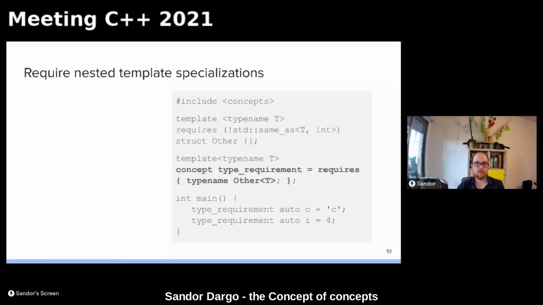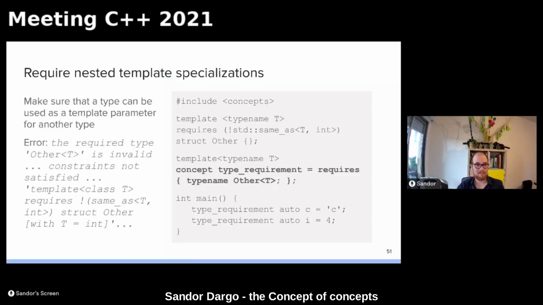So when you try to use it with a character, it compiles fine because it's not an integer. But with an integer, it doesn't compile, because it tells you that other T is invalid because the constraints are not satisfied. And it tells you exactly which constraint is not satisfied and with which types.